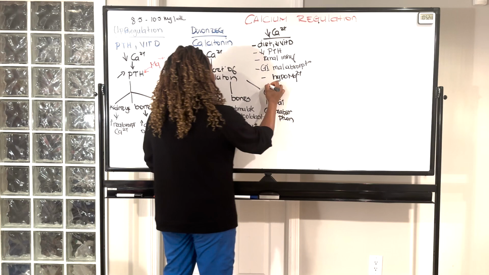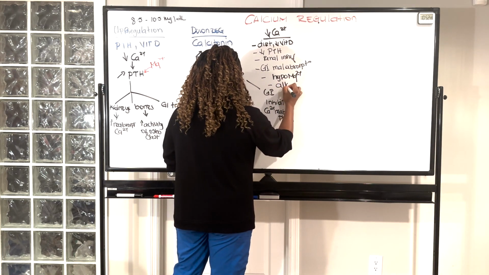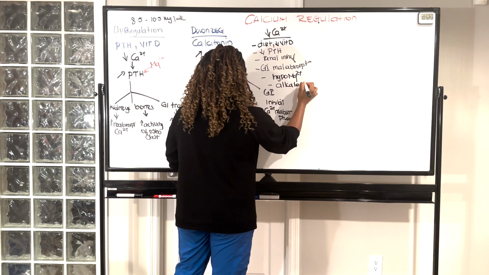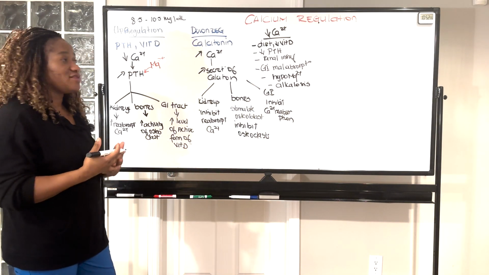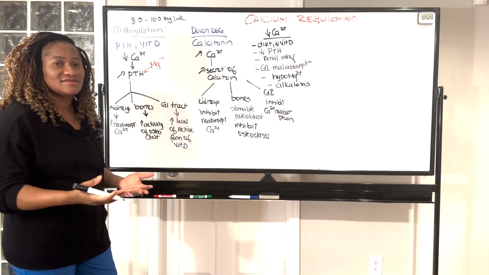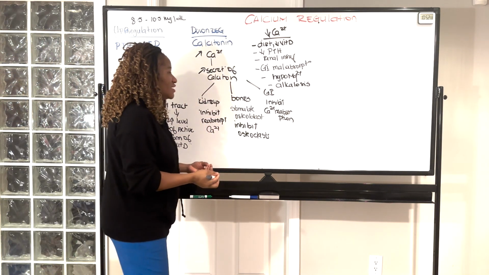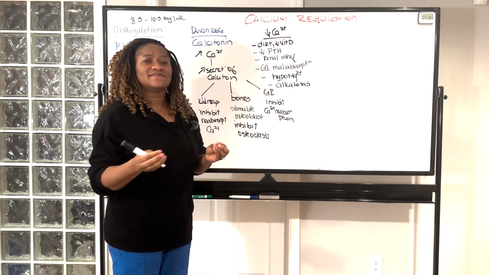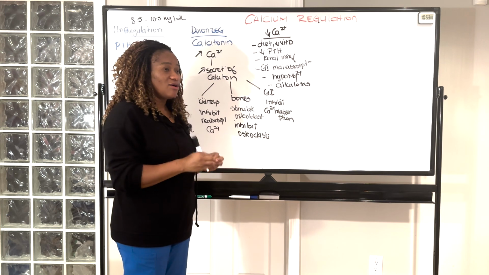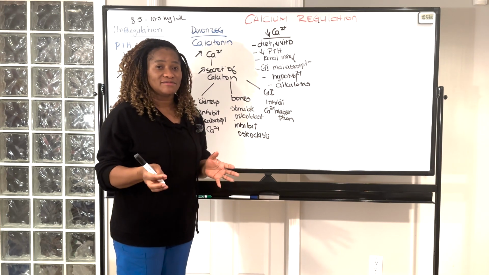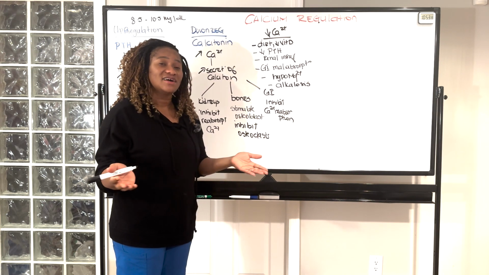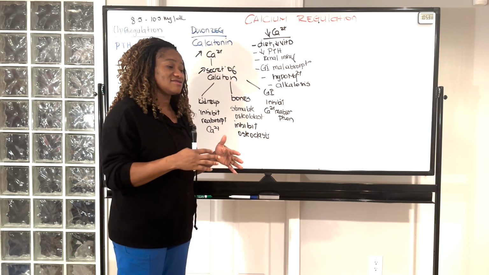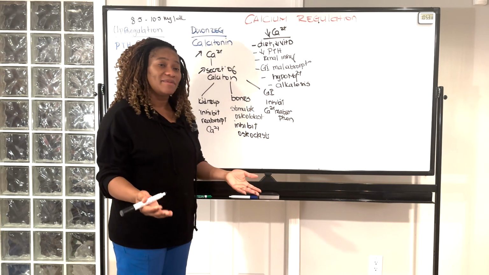And I want to also add in alkalosis. In alkalosis, we can also have low level of calcium. And how does this work? So with calcium is a little bit different, because only the free calcium, the ionized calcium, is the active form of the calcium in our body. It's the calcium that actually works in our body.